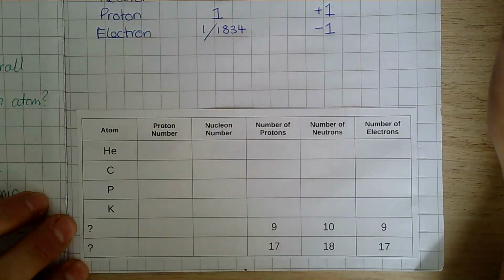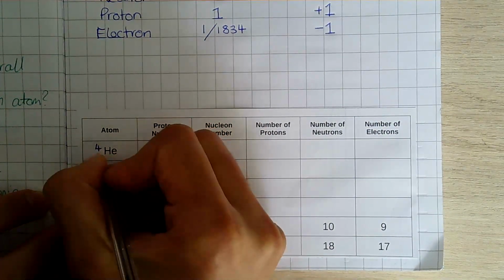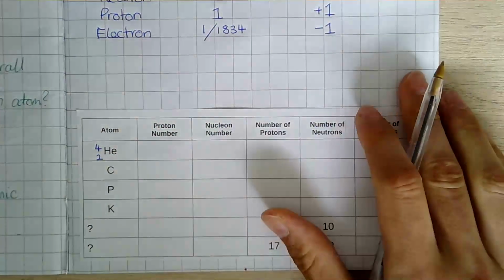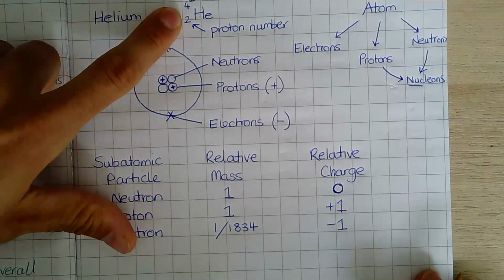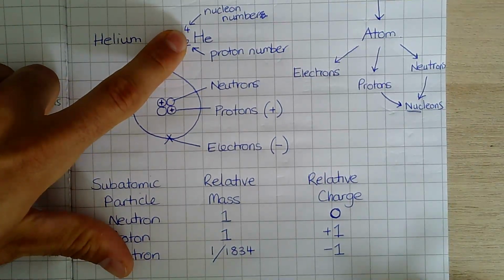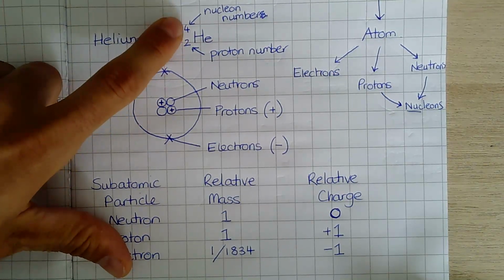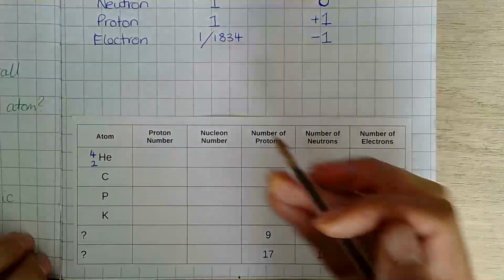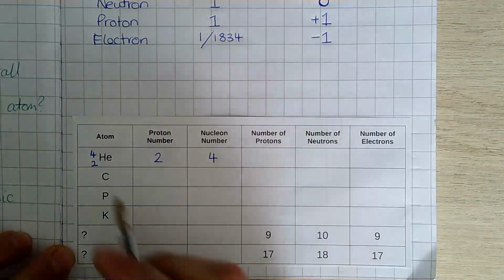So, for example, for element He, we know from looking at this before, the 4 is going to be our nucleon number, and the 2 is going to be our proton number. The nucleon number will always be the largest number.